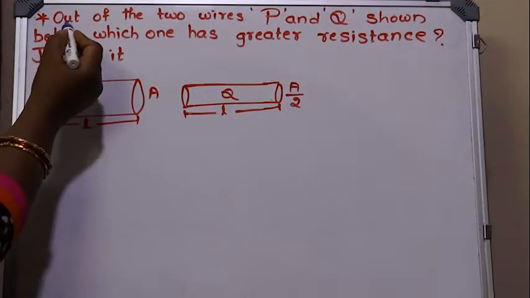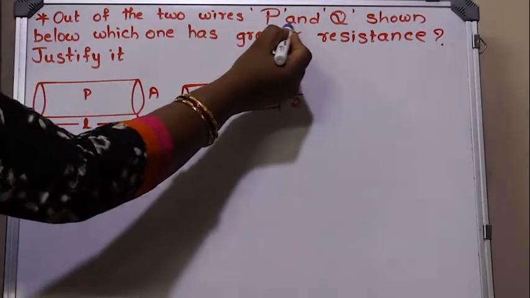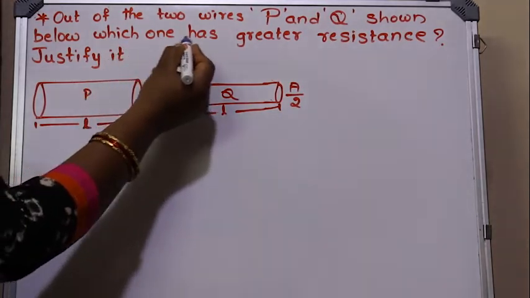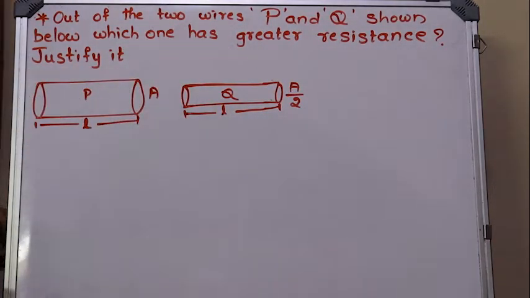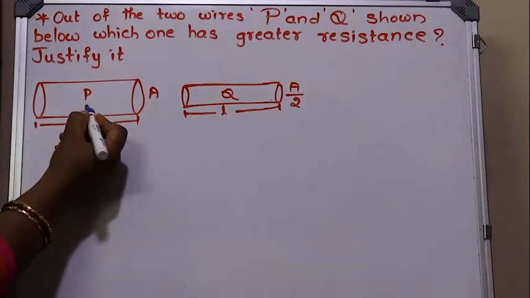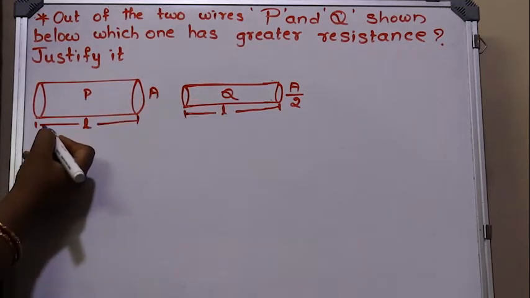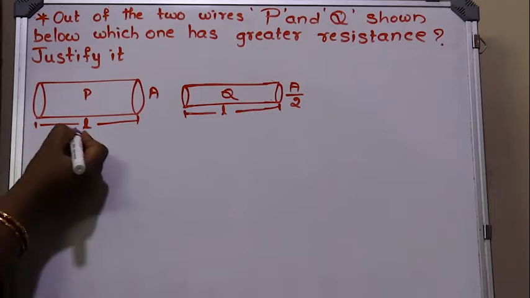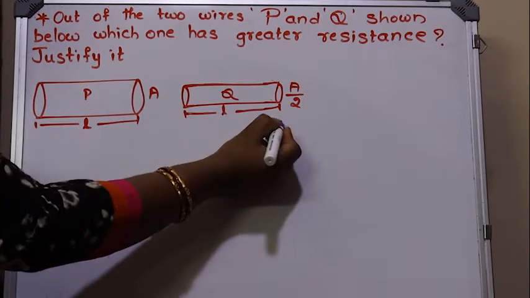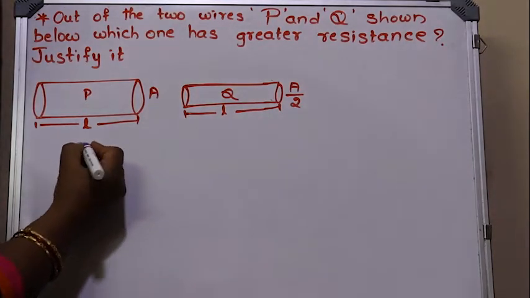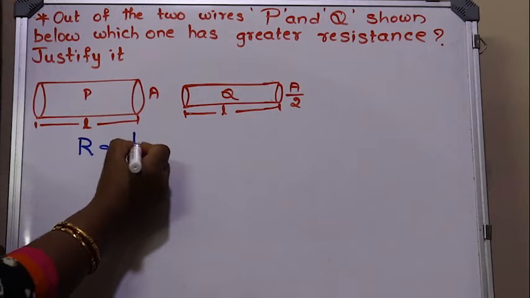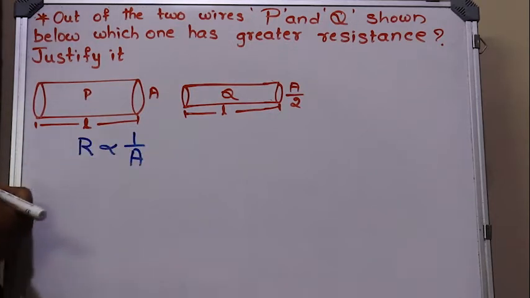The next question is, out of the two wires P and Q shown below, which one has the greater resistance? Justify your answer. Here the two wires are P and Q. If we observe carefully, the length of the two wires is the same, but the cross section areas are different. As we know, the resistance is inversely proportional to the cross section area.